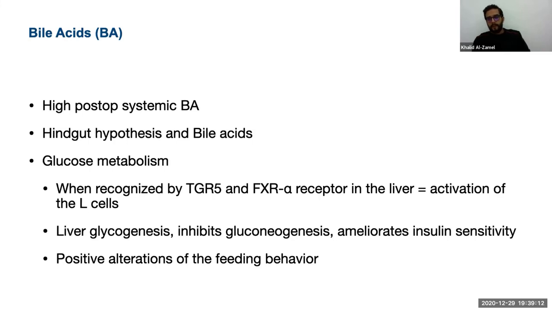And this will go back to what we were saying about the GLP. It also affects liver glycogenesis, inhibiting gluconeogenesis, and it will ameliorate insulin sensitivity. And it has positive alterations on the feeding behavior.